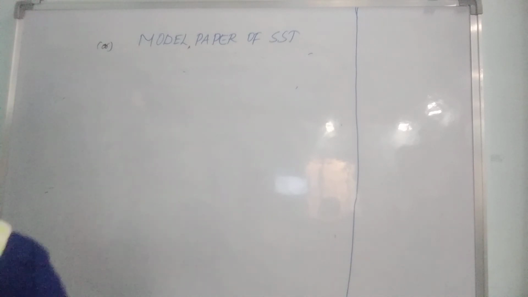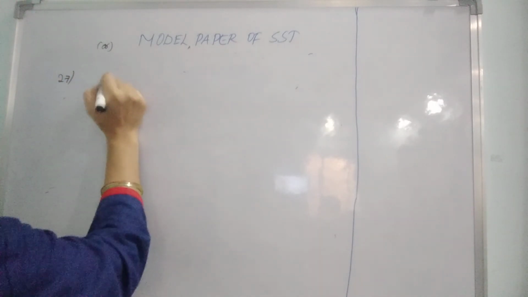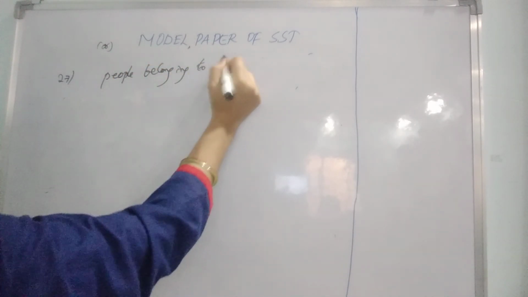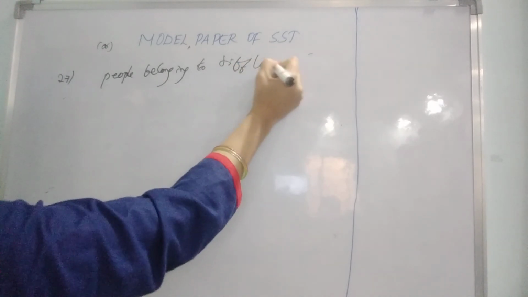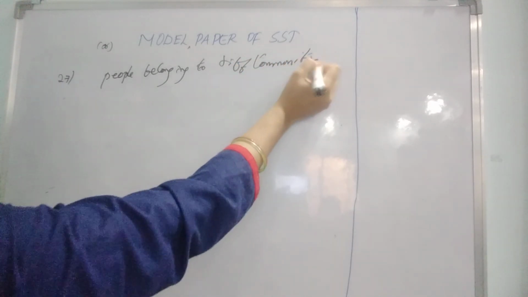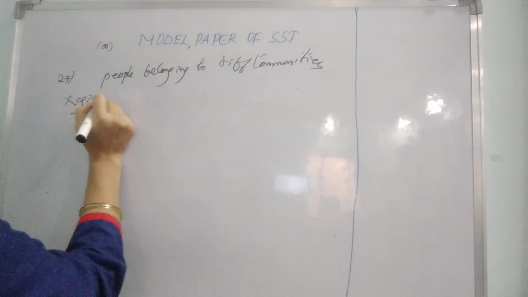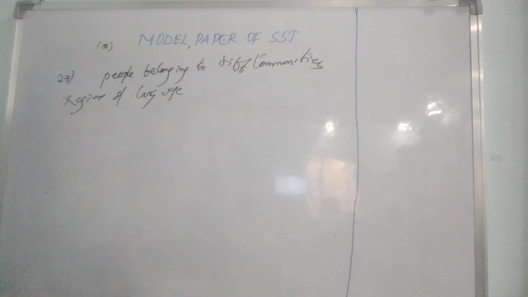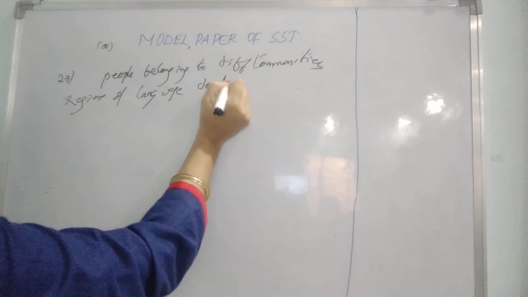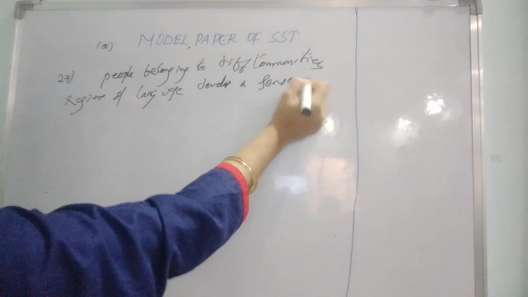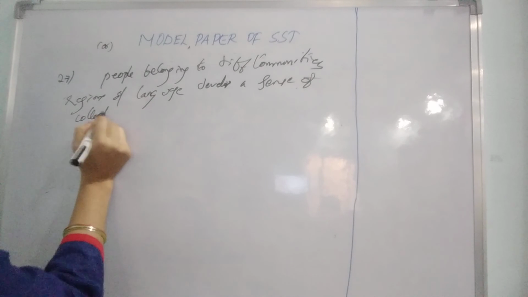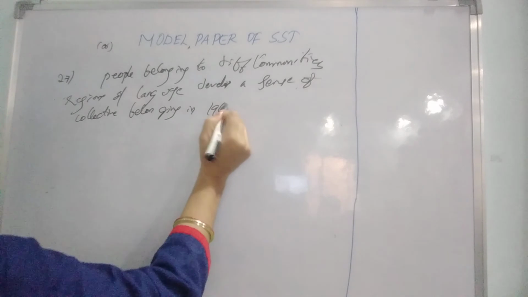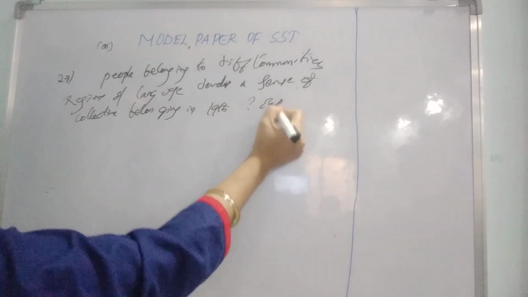And Section D is, how did people belonging to different communities, regions and language groups develop a sense of collective belonging in the 19th century in India, and we have to explain it.